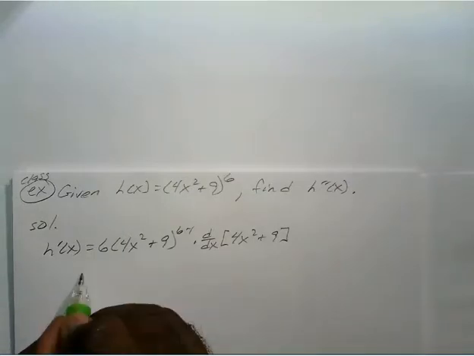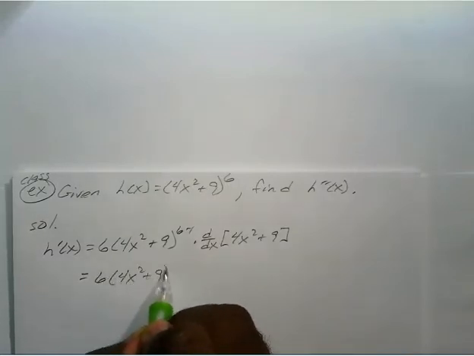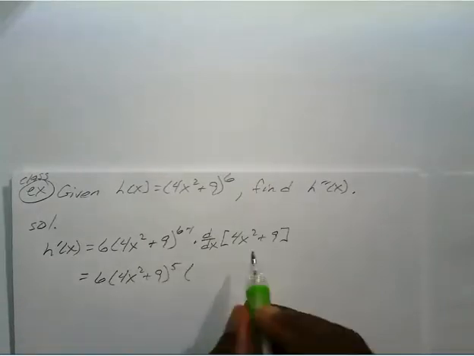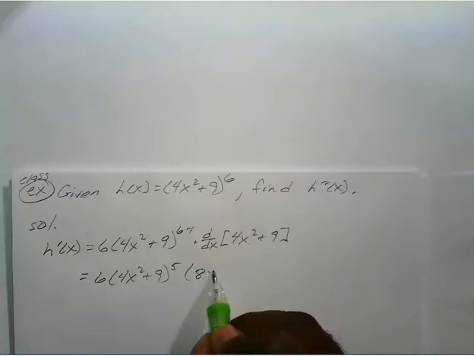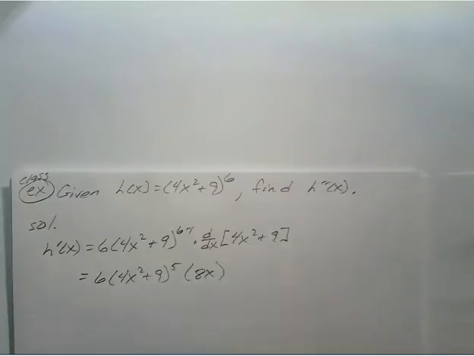Alright, so that means our first derivative is equal to 6 times (4x squared plus 9) to the 5th power times the derivative of 4x squared, bring down the 2, that will give us 8x. And the derivative of 9 is 0, so that disappears.